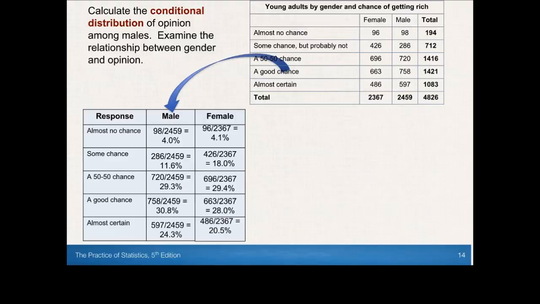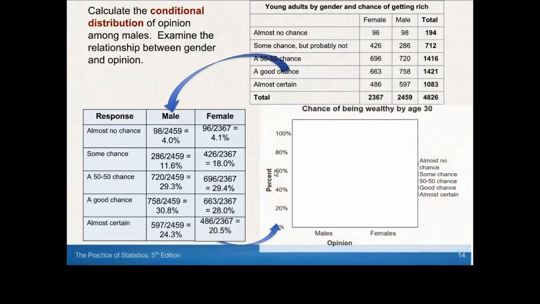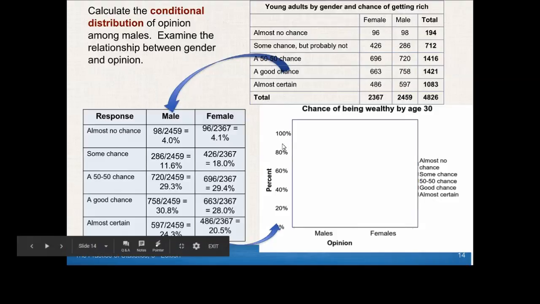Okay, so now in order to show this data, to display it, and to answer our question, we're going to examine the relationship, see if there isn't a relationship between genders, and we're going to make a bar graph. So we set that up with percentages, of course, going up, and then we're going to have the males and females, and we're going to do what's called a segmented bar graph for this one.